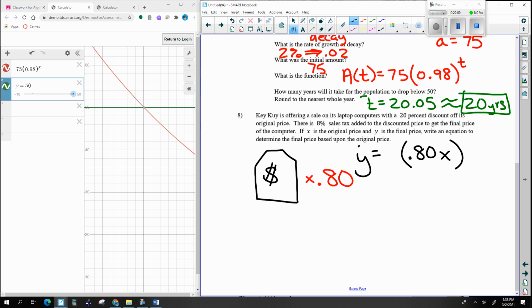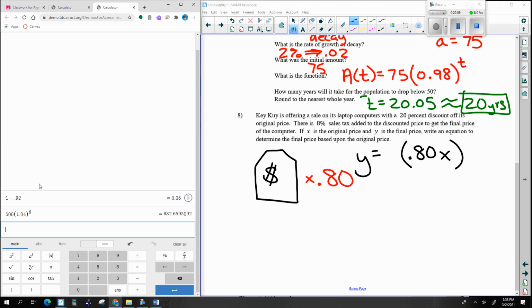Okay, so I get 20% off. So that means I pay 80%. So if that original price was 100, or excuse me, say $500, I am now paying $400 because I got 20% off.